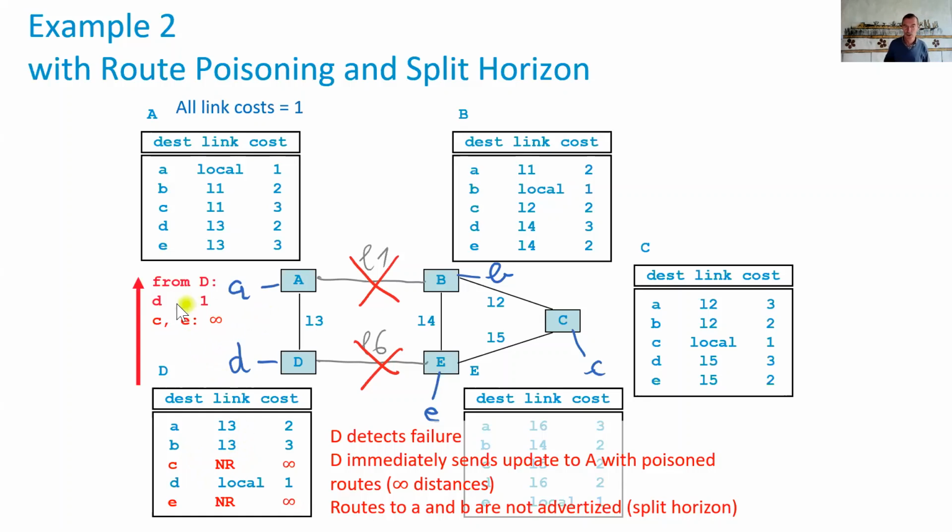It will do that immediately, and will not wait until the next update interval comes. And second, the routes that were learned from A, like the prefixes a and B that had next hop A, D will not give that information to A. So this distance vector will contain only the local prefix D, and the other ones which are infinite.